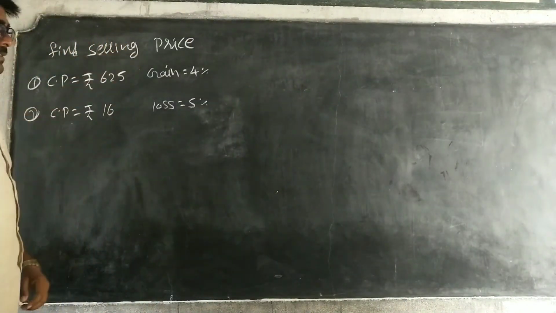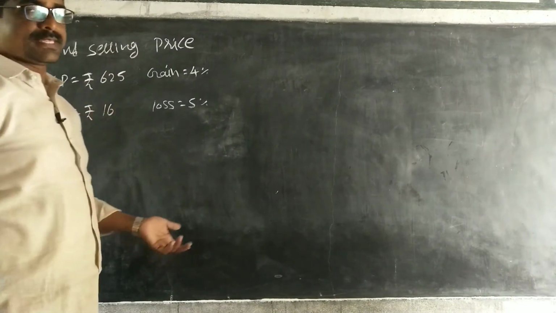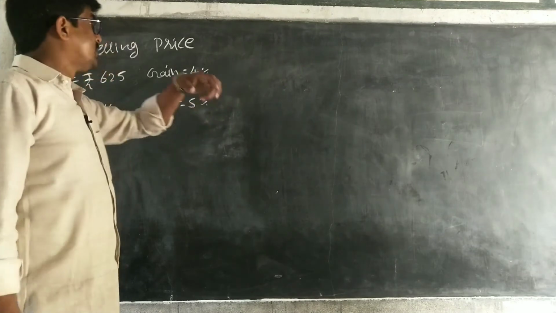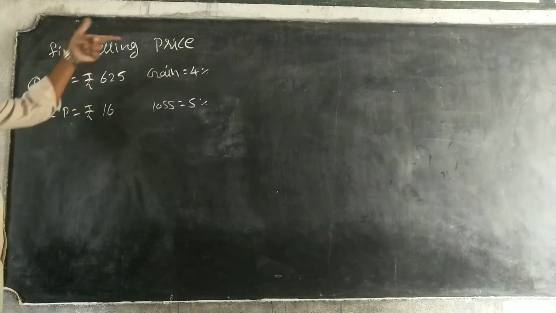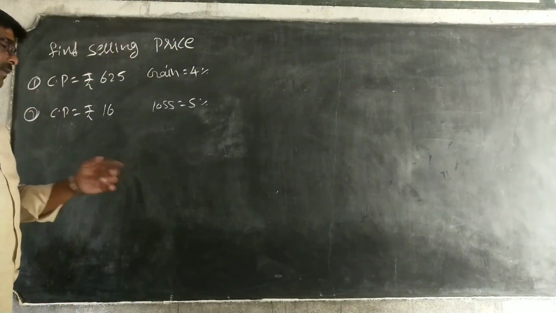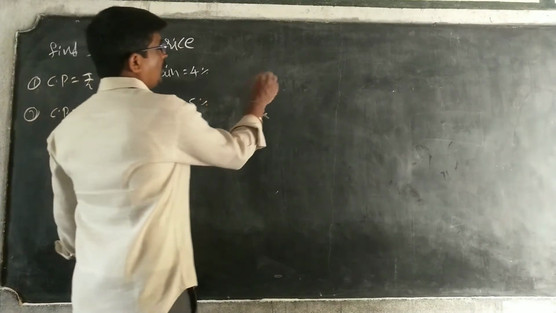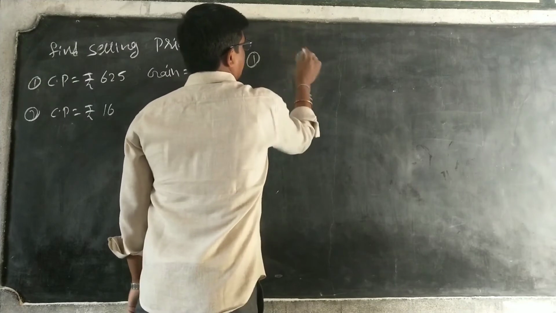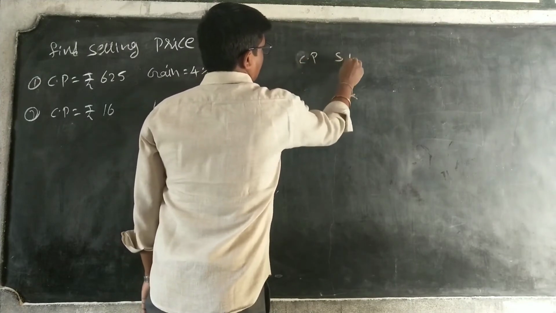Find the selling price. Before, the selling price was given and we found the cost price. Now the cost price is given and you have to find the selling price. In the first problem, we know the cost price and selling price.